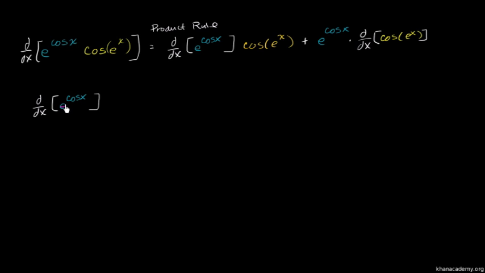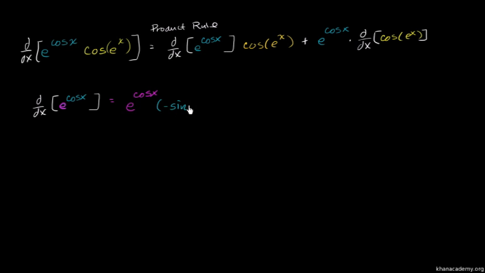Awuthi ngibhale la e to the lana unoma yini to cosine x kuzoba u-e to the power of cosine x futhi. Derivative ka e to cosine x u-e to cosine x. Umthetho wey'balo uyasitshela lokho.